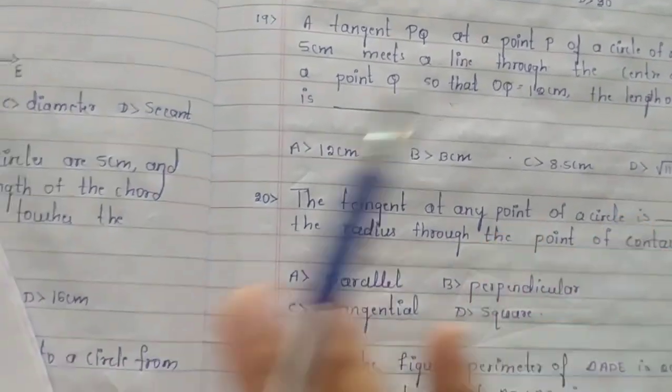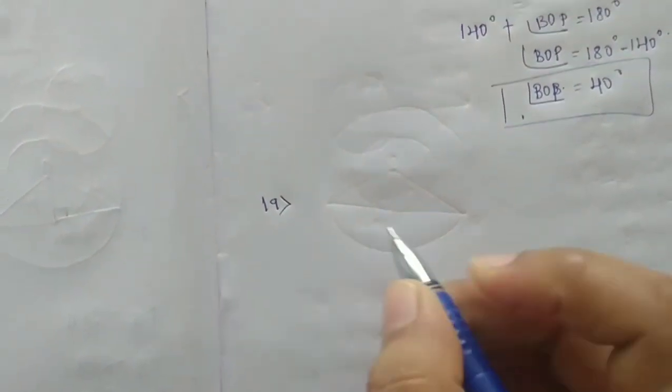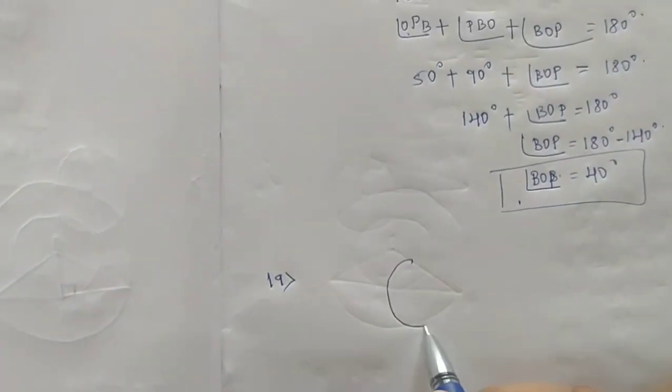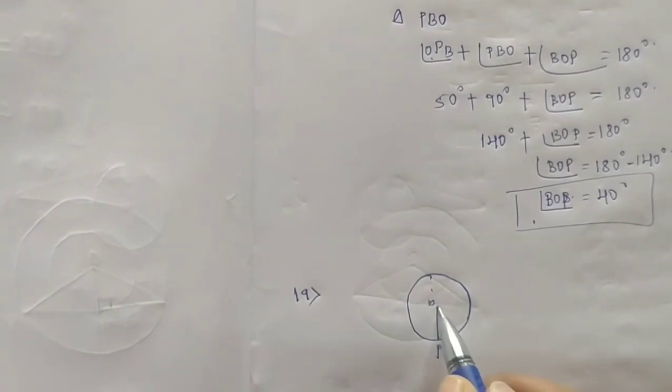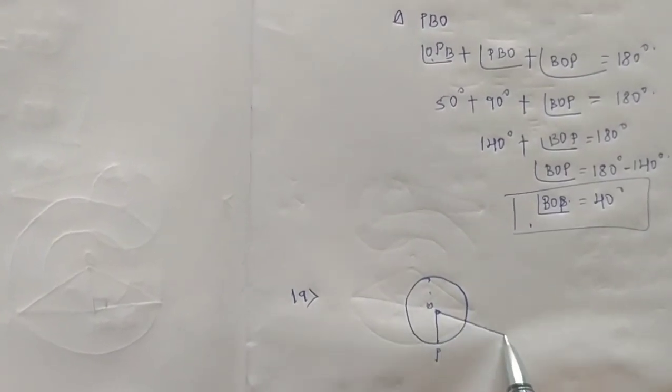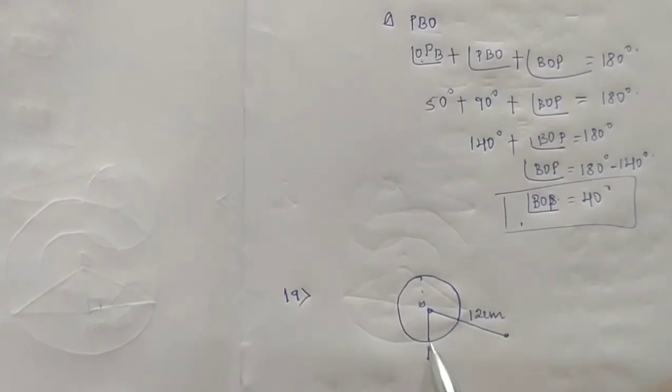Based on this we will see the figure. So now, the 19th one, the figure is somewhat like this. This is the center and the distance they have given is 12 cm.